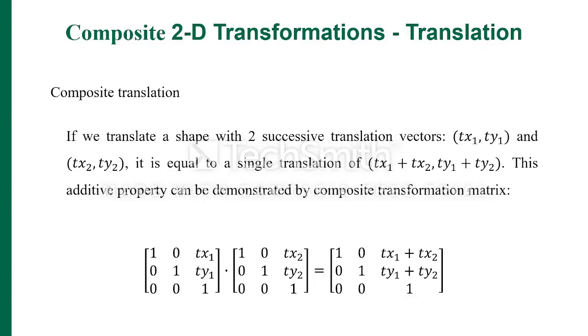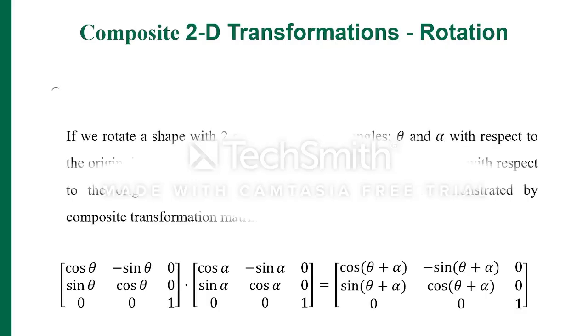If we translate a shape with two successive translation vectors, tx1, ty1, and tx2, ty2, it is equal to a single translation of tx1 plus tx2, ty1 plus ty2. This additive property can be demonstrated by the following equations and matrix, where the composite 2D transformation with two translations can be represented by the following matrix.